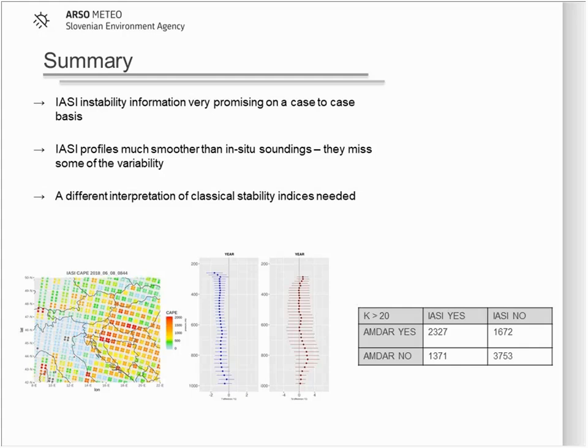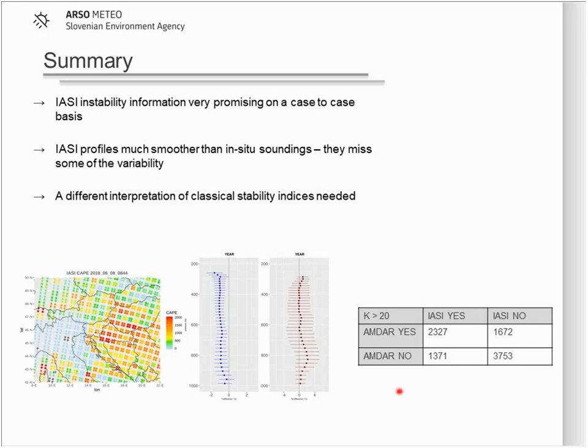So we've seen at the beginning that the IASI profiles can give us really relevant and useful information for when we have severe storms. Now, we've seen yesterday and today that these profiles are much smoother, and so they miss the variability that is present in the atmosphere.